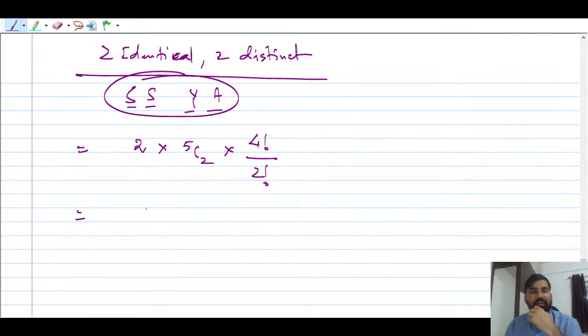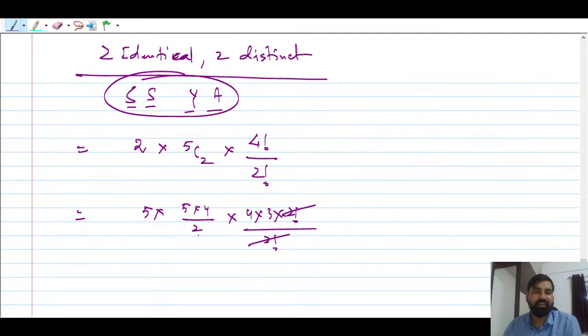What is the answer here? 5 into 4, 1 2 into 4 into 3 into 2 factorial by 2 factorial. So you just cancel it, right? 25 into 2 into 12. What is the answer here, guys?